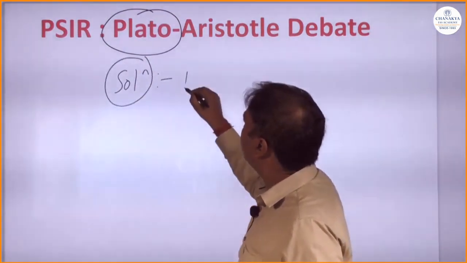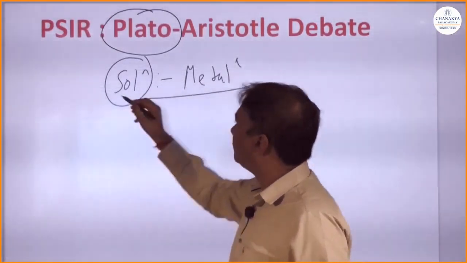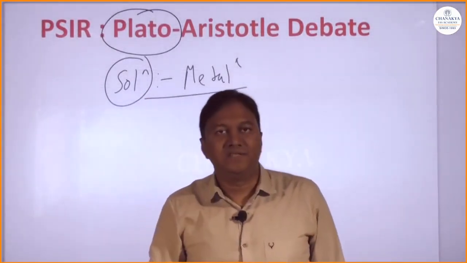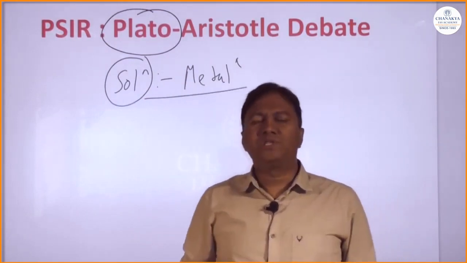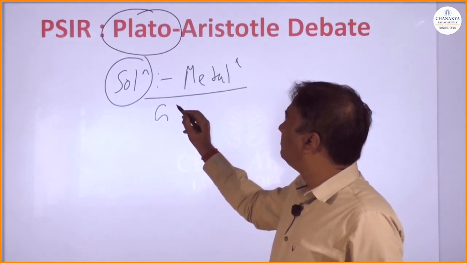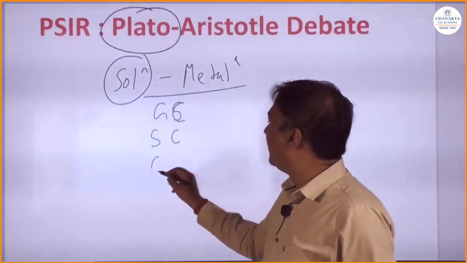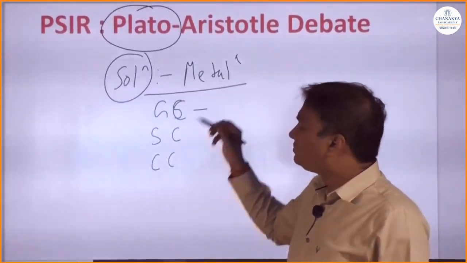Plato gave the solution on the basis of his famous metallic theory. Now let us understand what exactly this metallic theory is. Plato says that all people can be divided into three types: gold class, silver class, and copper class.